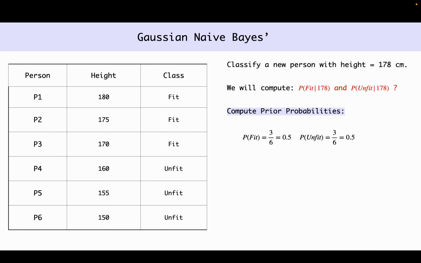Likelihood probabilities we can know only when we know the Gaussian distribution. We don't have any details regarding the distribution, except that we have these few samples. There are 2 classes, the fit class and the unfit class. In Gaussian naive Bayes, we assume that both of them come from a Gaussian distribution.